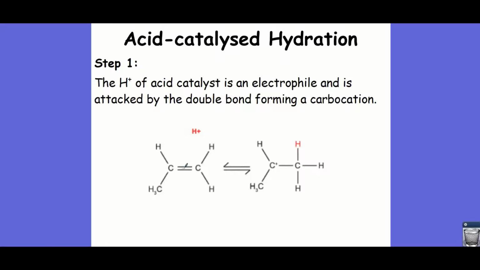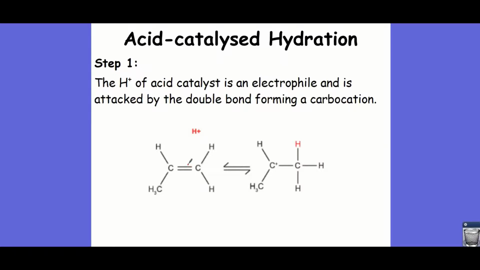And if we look at our alkene molecule, we've got propene here, and the reason alkenes are quite reactive is because the double bond is electron rich. Remember, between the sigma bond and the pi bond, there are 4 electrons taking part in the bonding there. So because that is electron rich, it can behave like a nucleophile. So in the presence of this really electron deficient species, the reaction happens.